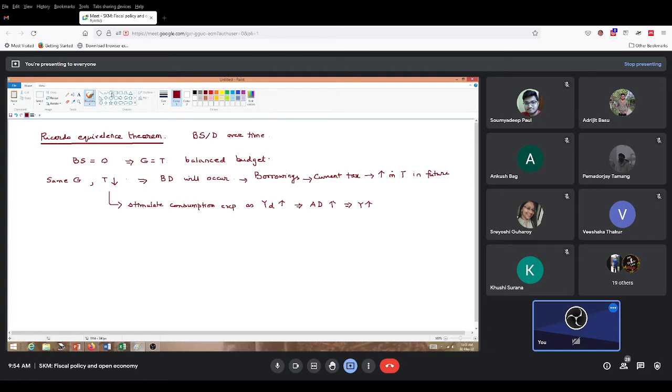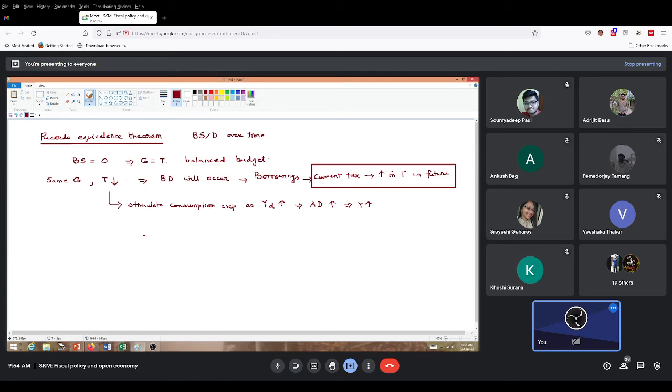This is the crux of the Ricardo equivalence theorem. So basically what is happening in this case is, if you have a budget deficit, people know, according to this theorem, that an increase in budget deficit means you are going to increase taxes in the future.